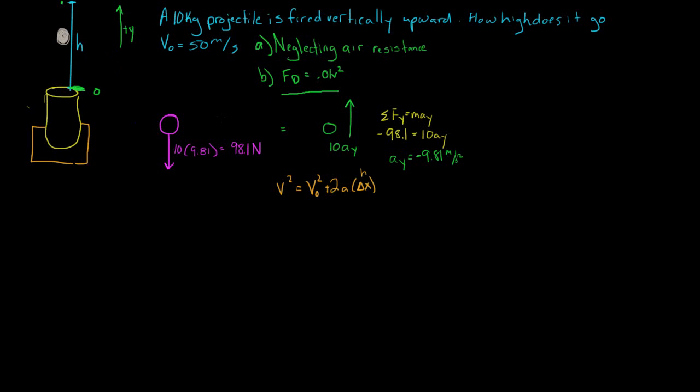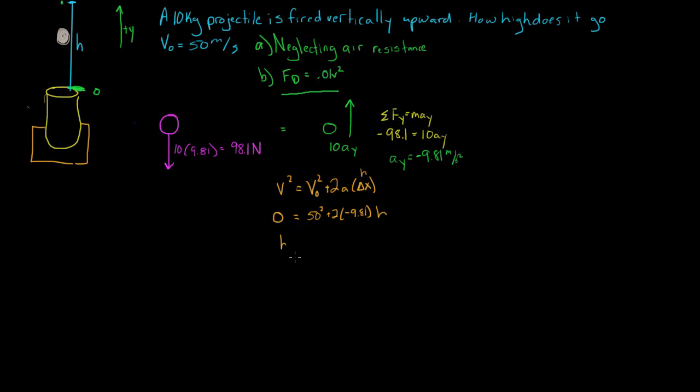This height right here. Our final velocity squared is going to be 0 because at the top, when the cannonball cannot go any farther up, it has a velocity of 0. And it's equal to its initial velocity, which is 50 meters per second, squared, plus 2 times minus 9.81, which is gravity, and it's a minus because of how we've defined our positive convention, times h.